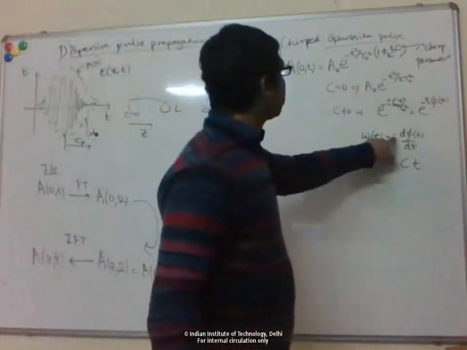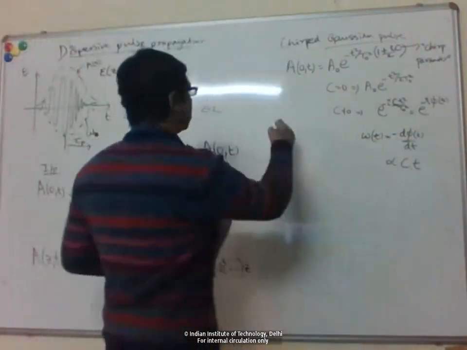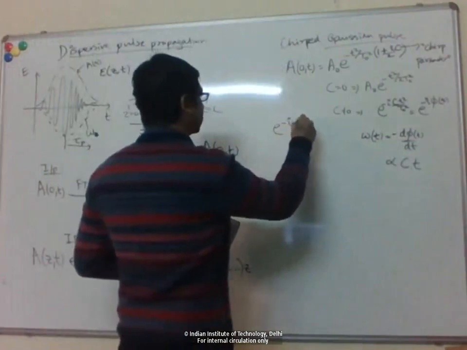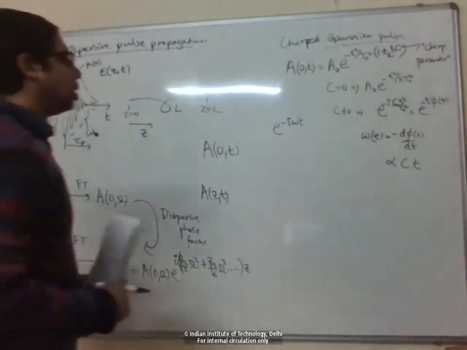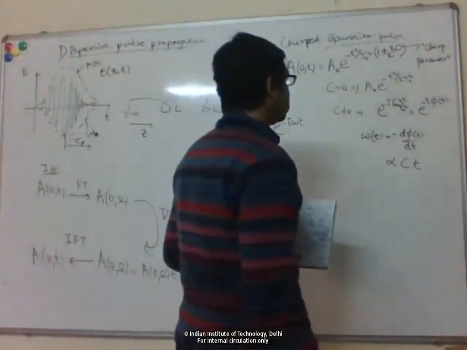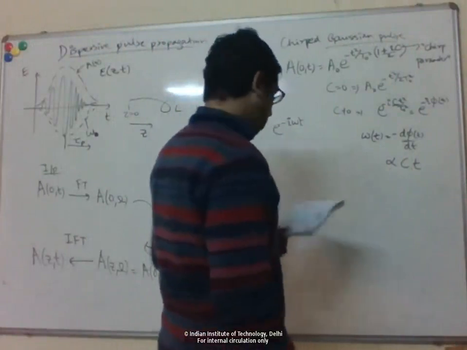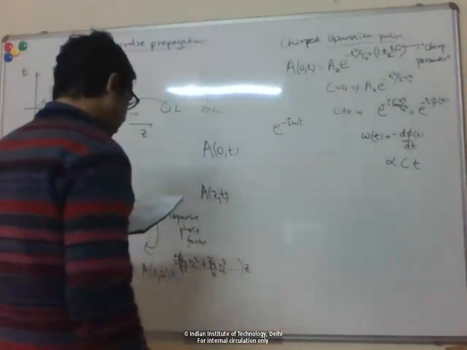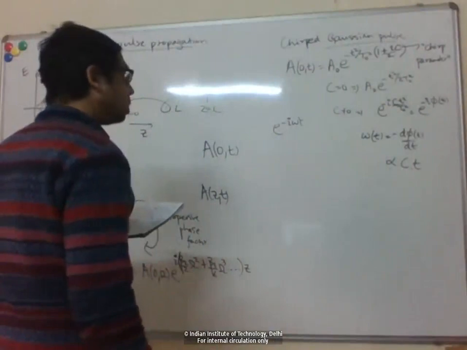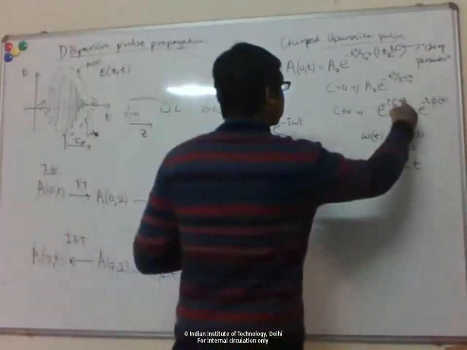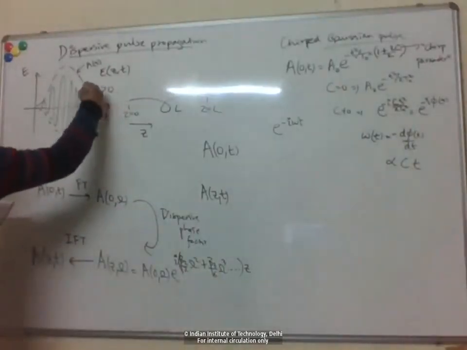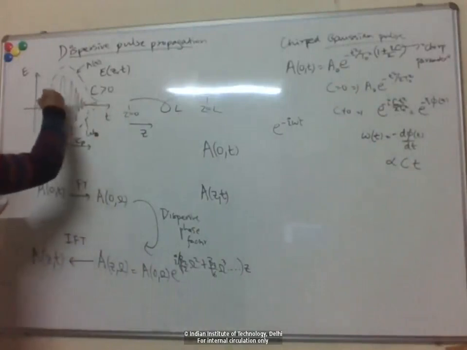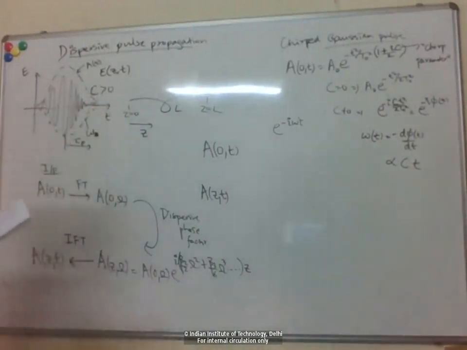The minus sign here is again coming from the convention that we are using e to the minus i omega t as the temporal phase. So this denotes positive chirp. Negative chirp will be the opposite: fast oscillations here and slower slopes.